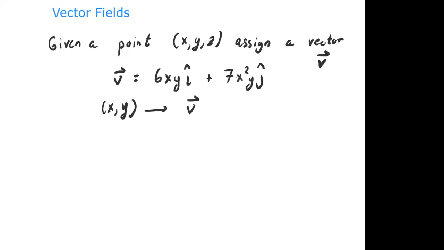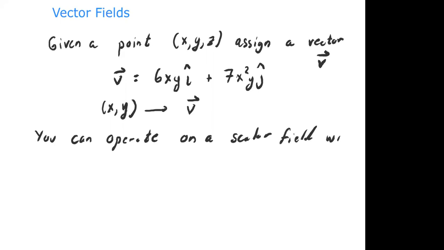So let's bring all this together. You can operate on a scalar field with the operator del. When you do that, that's called taking the gradient of that scalar field.